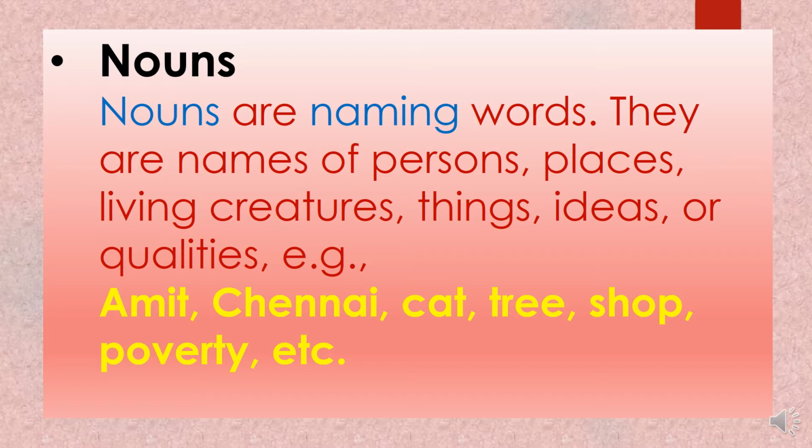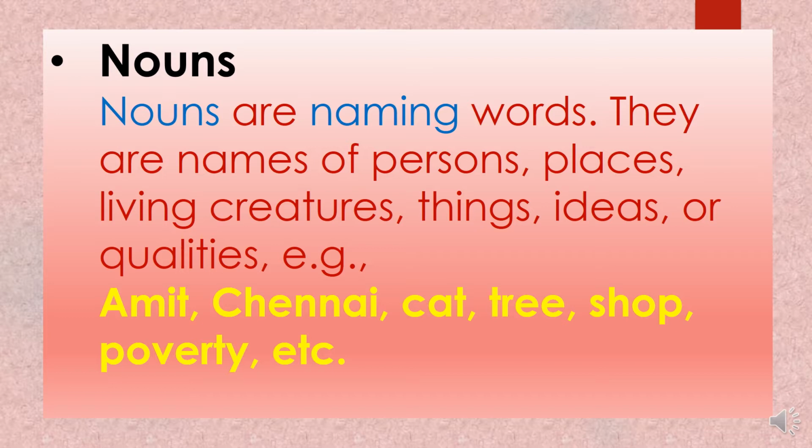Shop is a particular place, and qualities, like your behavior. So all the words we use to name something are known as nouns, which are naming words. Clear? Nouns are the naming words, and noun is the first part of speech.